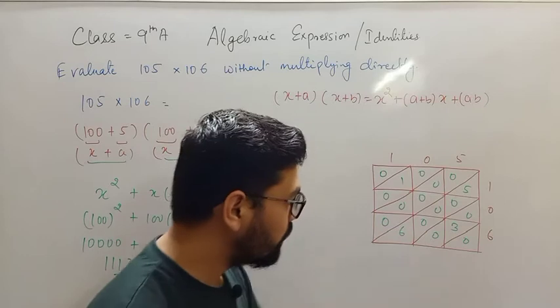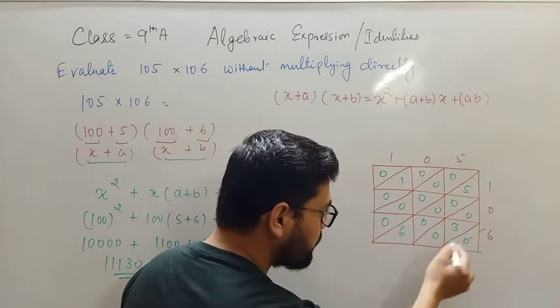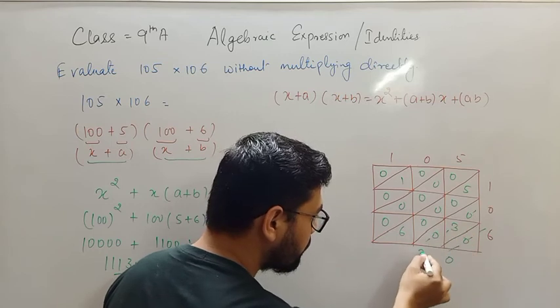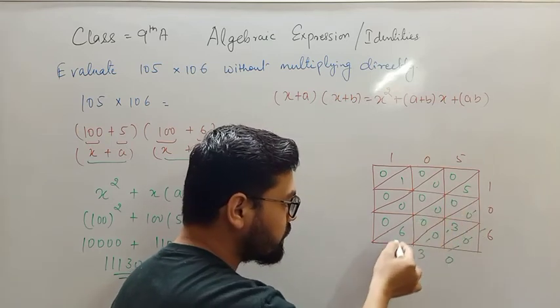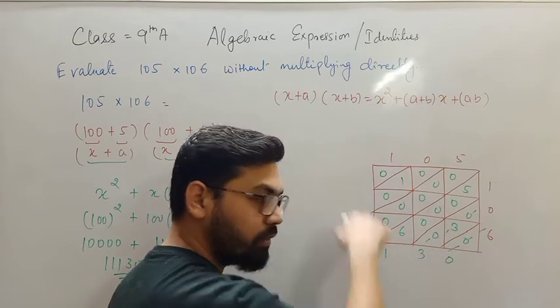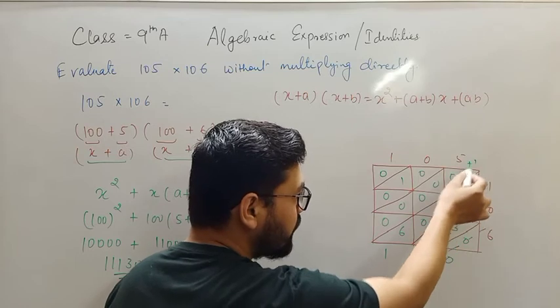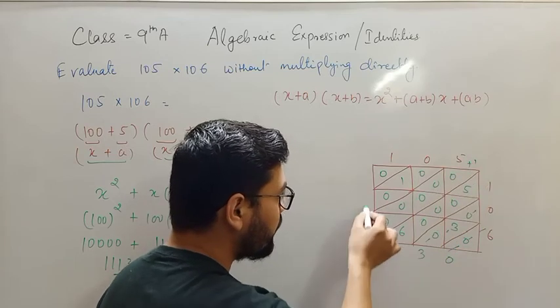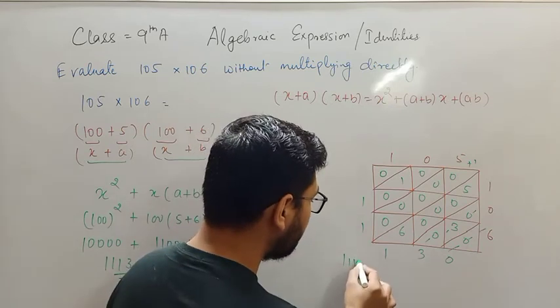Now what you will get in this way, you will get 0, 0 plus 3 plus 0 is 3, 5 plus 0 plus 0 plus 6 will give you 11. So 1 is there and 1 is in the carry. So 1 is in the carry, plus 1 plus 0 0 0 will give you 1, and here is also 1. So 11130 is your answer.